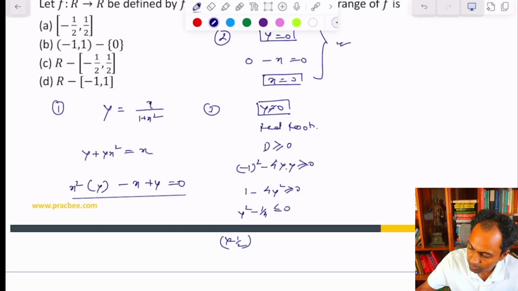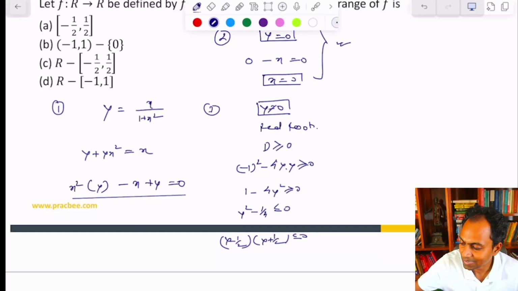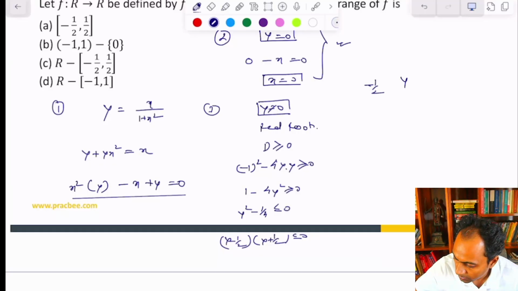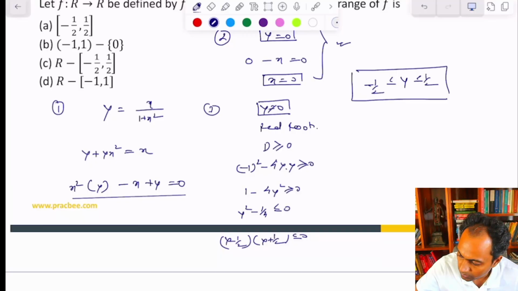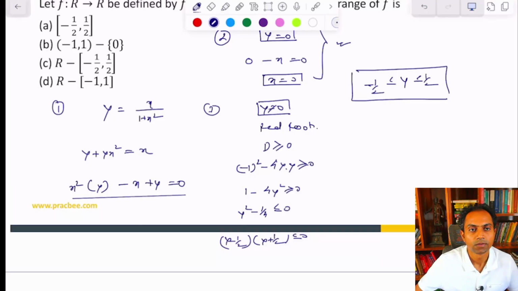That is, (y minus 1 by 2)(y plus 1 by 2) is smaller than or equal to 0. You can see that the values of y can ultimately lie between minus 1 by 2 and 1 by 2. And 0 is of course included because we have already checked that. So this becomes our range of this function, that is given in option A.